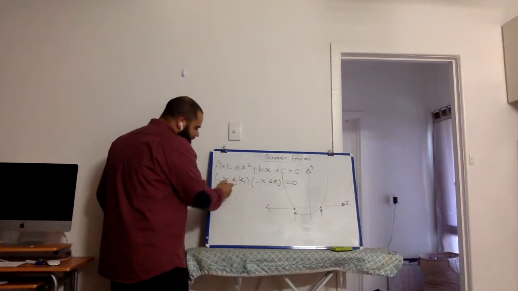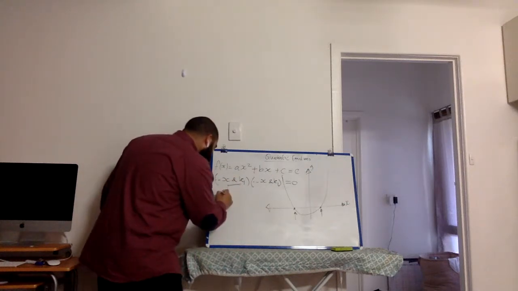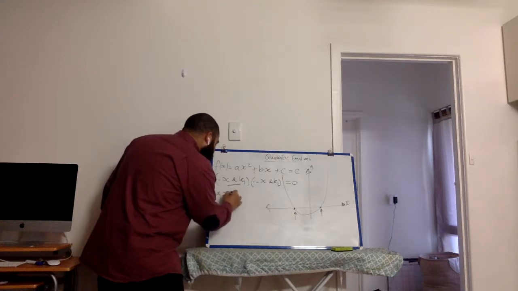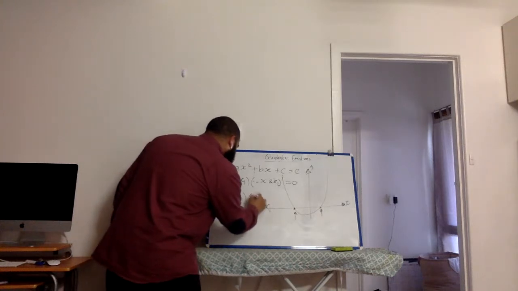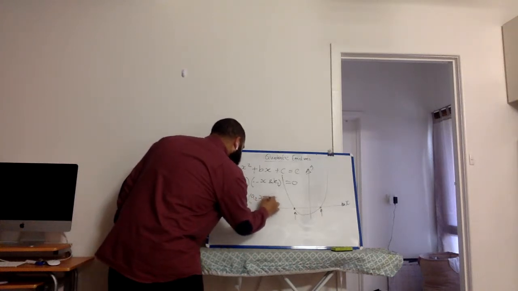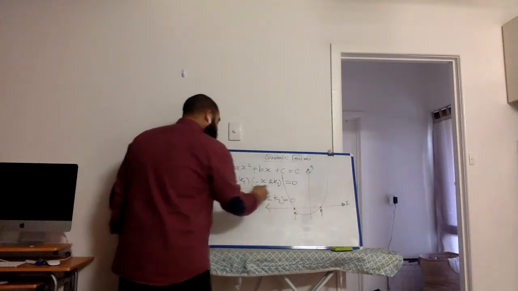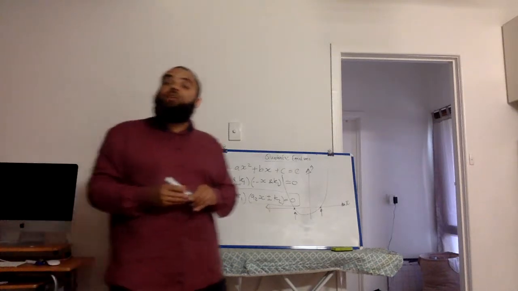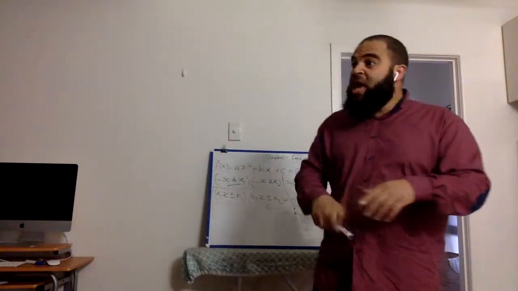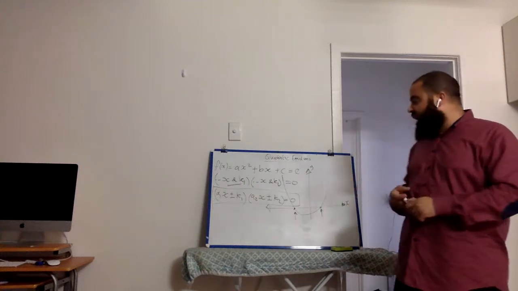So we say that a1x plus or minus k1 times a2x plus or minus k2 equals 0. This is the general factorized formula of the quadratic function. We saw them when they play, that they hit each other.